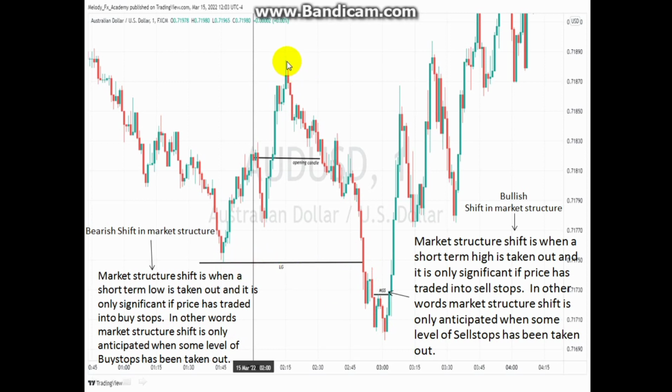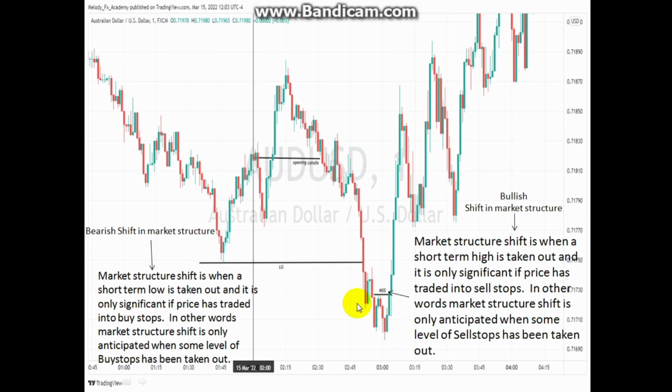It will be vice versa for a bearish shift when anticipating lower prices: price takes out an old high, trading above the buy side liquidity, and that is the only thing that validates the market structure shift. I hope I've been able to explain what a market structure shift is all about, and how it is validated.